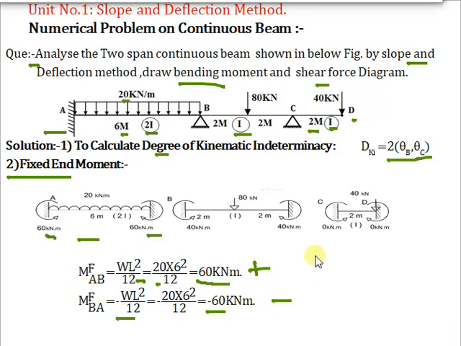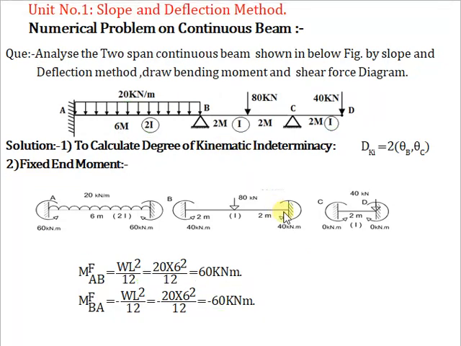So our sign convention for anticlockwise moment is positive, and for clockwise moment is negative. Fixed end moment for span BC is WL by 8. So it becomes 40 kN meter positive at B and 40 kN meter negative at end C in clockwise sense.